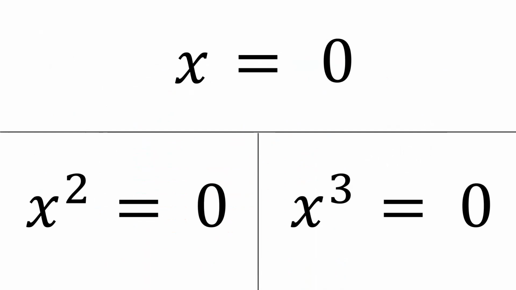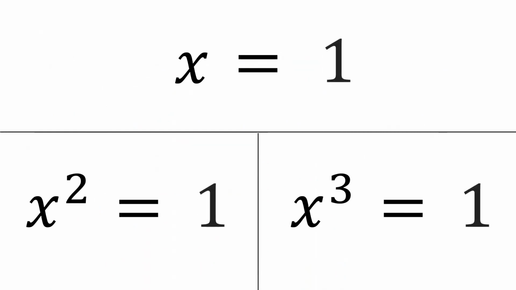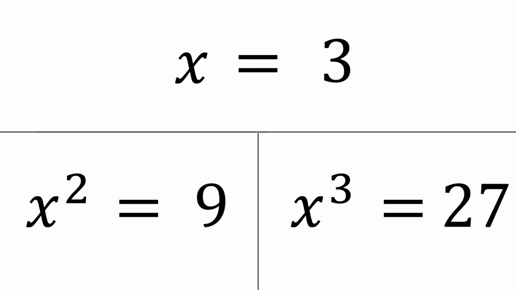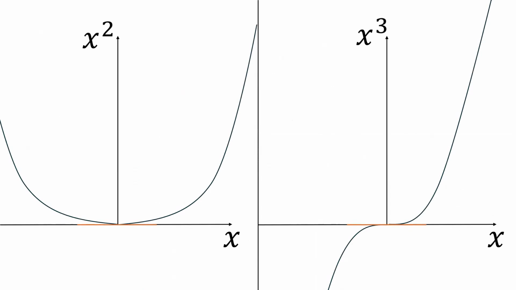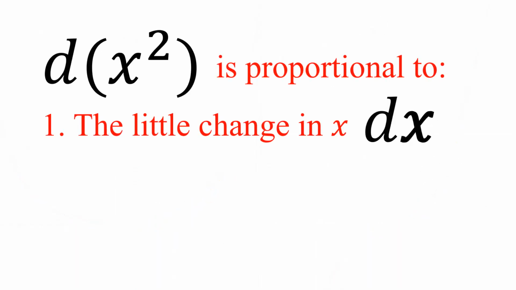Then we will watch how x squared grows compared to x cubed. Notice how x cubed grows so much faster than x squared. In the graph as well, x squared grows noticeably slower than x cubed.